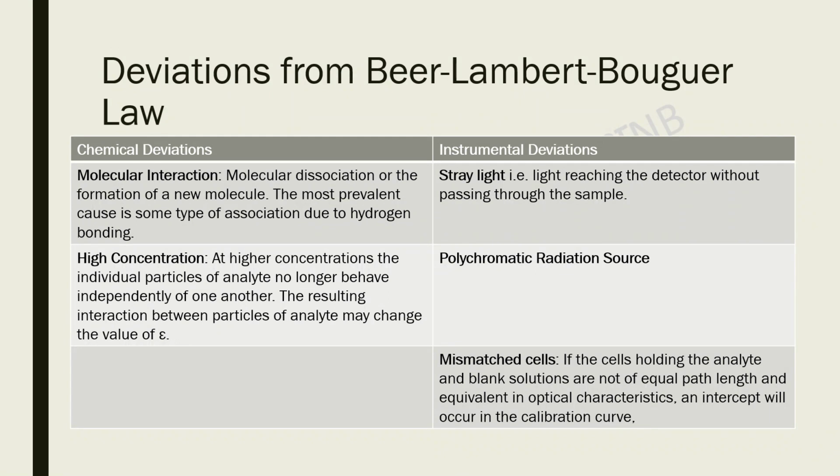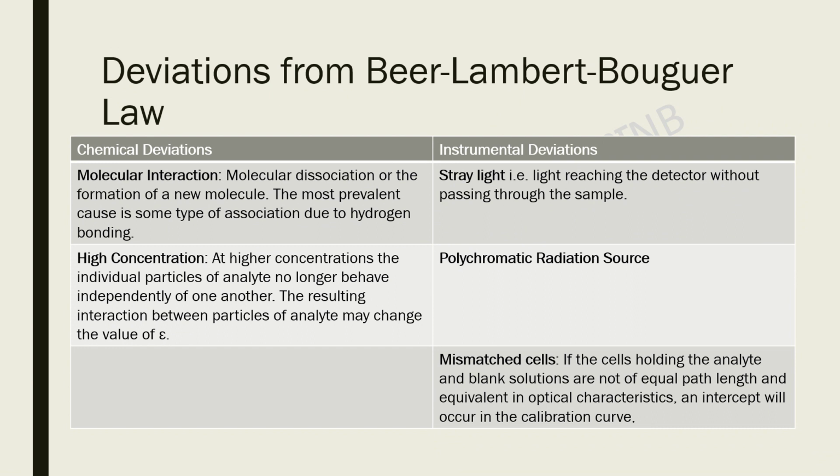A polychromatic radiation source is not used, as I have already discussed, because it would lead to a complex spectrum, since if there is a compound in the sample that could interact with other regions of the radiation source, then we'll get a complex spectrum. Mismatched cells.